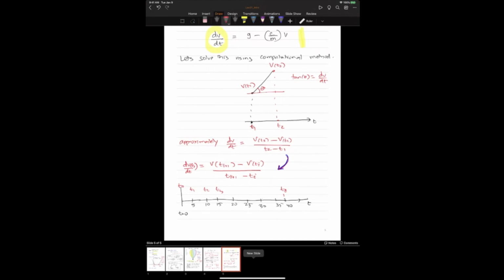If I substitute this formula over here, after substitution, we get v ti plus 1 is equal to v ti plus ti plus 1 minus ti times g minus c over m v ti. That's the equation that we get after substitution.